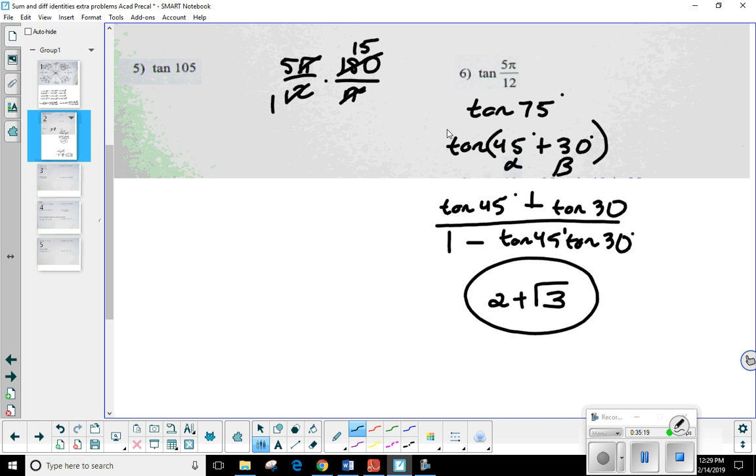Now, also, one thing I want you to see, what was the answer for this one here, the tangent 105? It was negative 2 minus the square root of 3, right? Again, how similar are these answers? Really similar, okay? Because we're using just a certain set of values to get others when you add or subtract them. Okay, well, there you go.